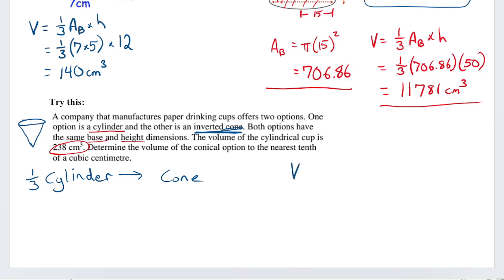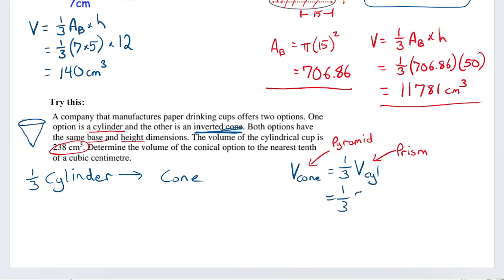So that means volume of the cone is going to be 1/3 the volume of the cylinder, because the cylinder is a prism and the cone is a pyramid, and pyramids are just 1/3 of the volume. So that makes this a really simple problem then.